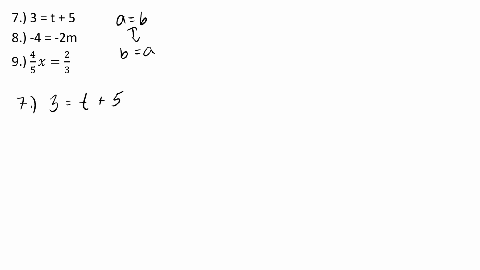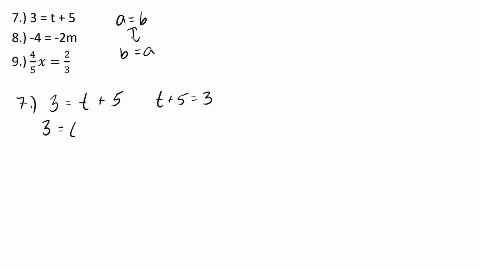Now, not every relationship is symmetric, but equality is. So if you ever have something on the left or on the right and you don't like it on that side and it's an equal sign, you are free to just change the sides so that you're more comfortable with it. So one of the things you can do with this one is you can just switch the order and say t plus 5 is equal to 3. That's totally fine. Or you can just go ahead and solve it with the variable on the right.